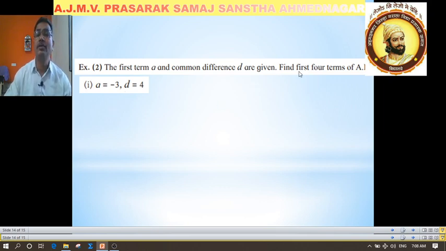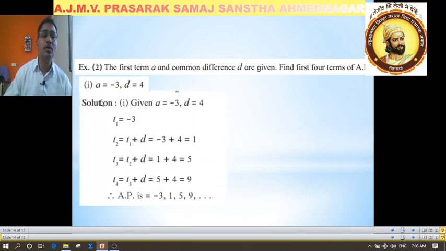So the first term T1 is equal to A is equal to minus 3. If we add the common difference D to the first term, we get the next term. So T2 is equal to T1 plus D, minus 3 plus 4, which is equal to 1. So second term T2 is equal to 1.